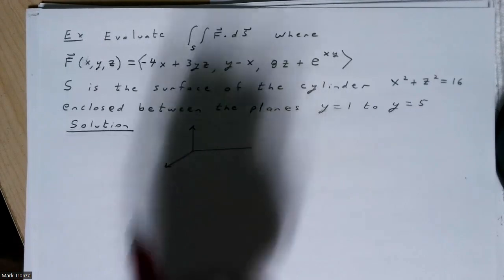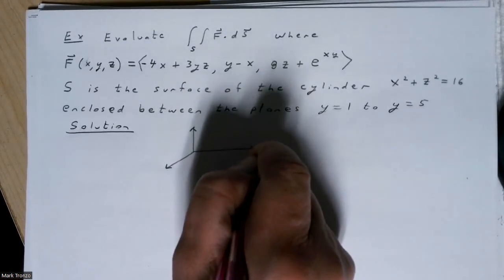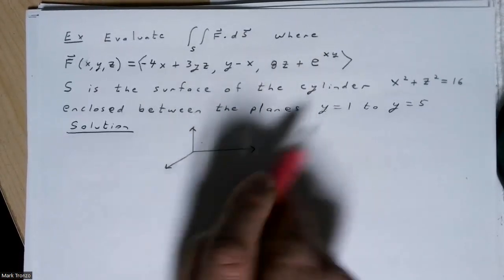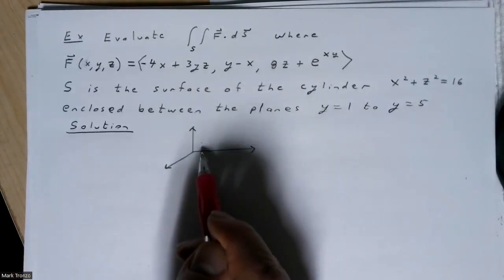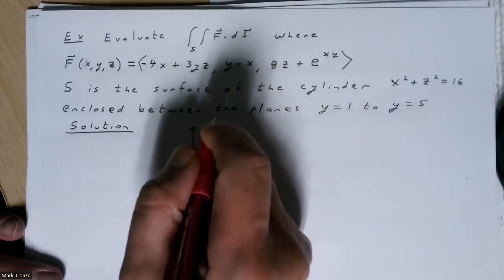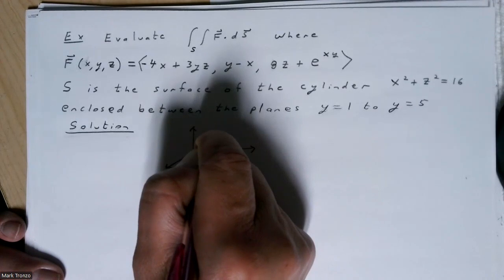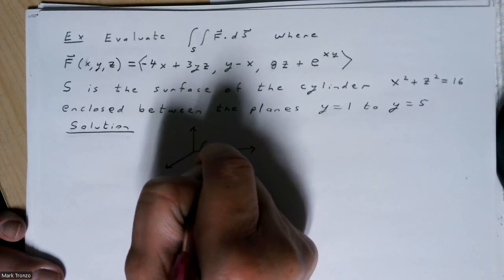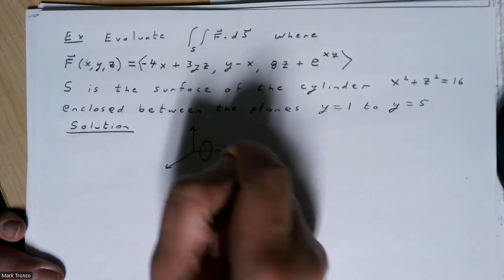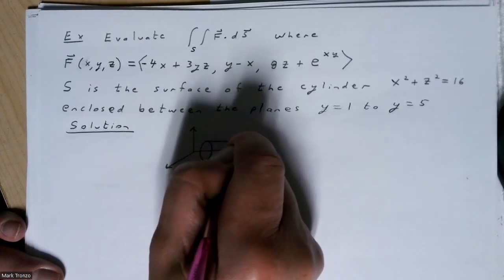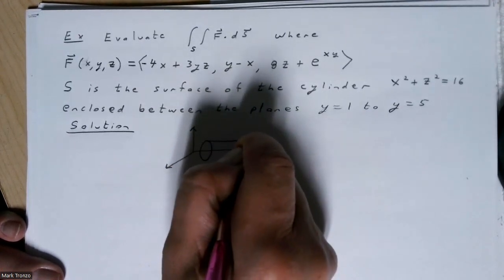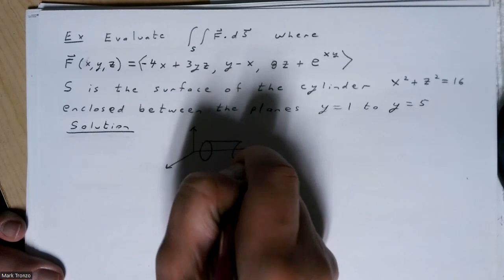So it's like a circle in the xz plane, but since y isn't there, you get the circles repeated. So we pretty much have a cylinder that goes out this way.